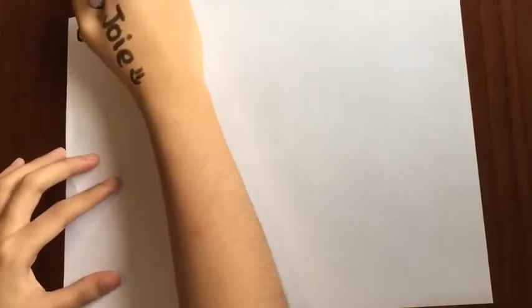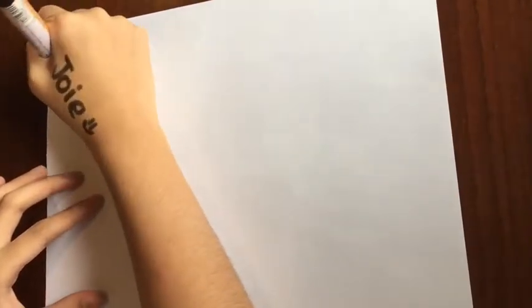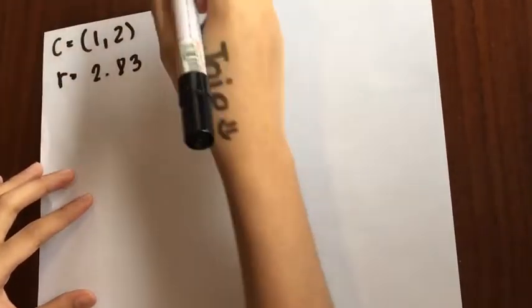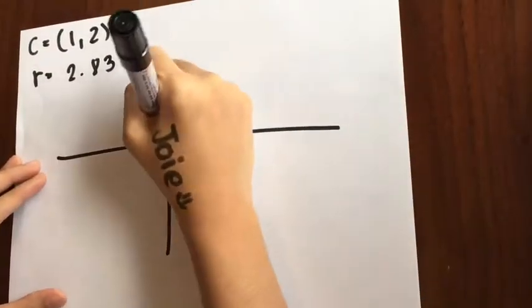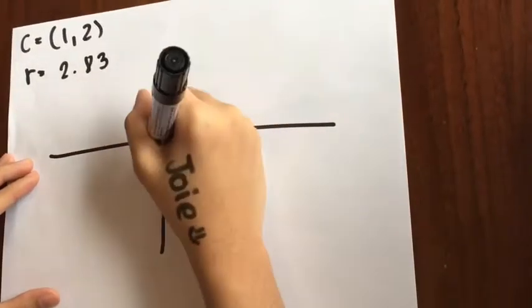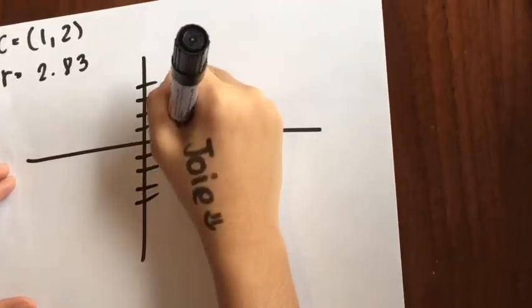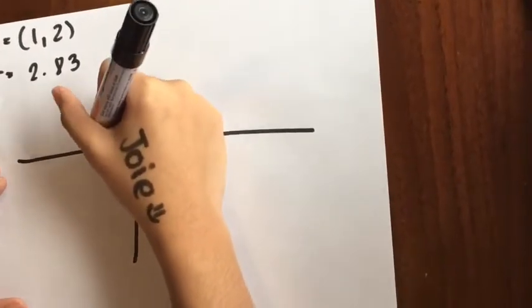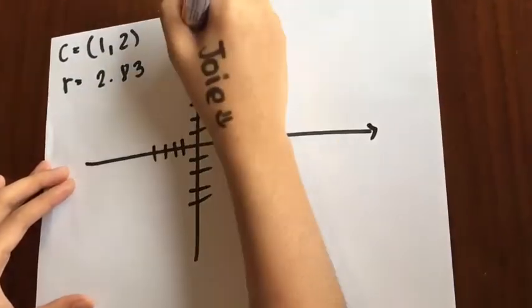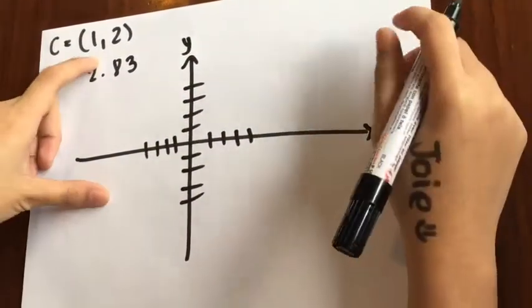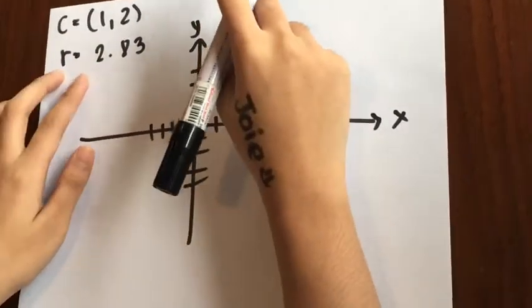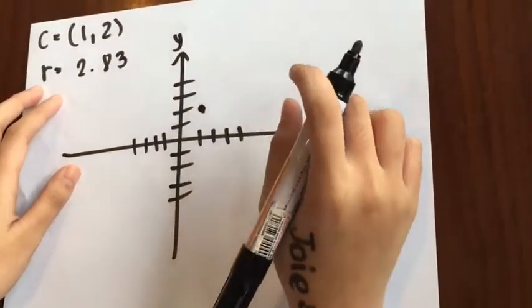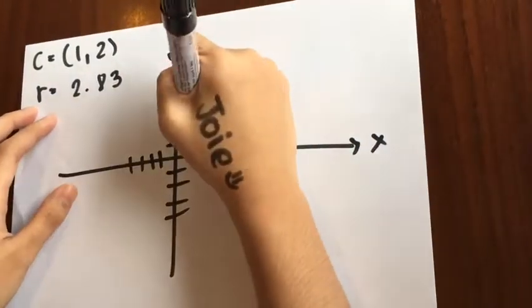Igagraph na natin yung circle. Center natin, 1, 2. Radius, 2.83. So, drawing tayo ng Cartesian plane. Tapos, 1, 2, 3, 4, 1, 2, x. Center 1, 2. Itong radius na 2.83, magdadagdag tayo sa each side ng 2.83 starting from the center.